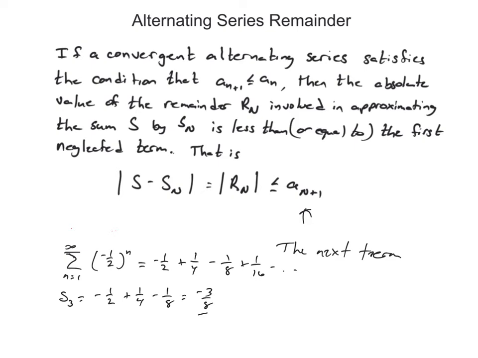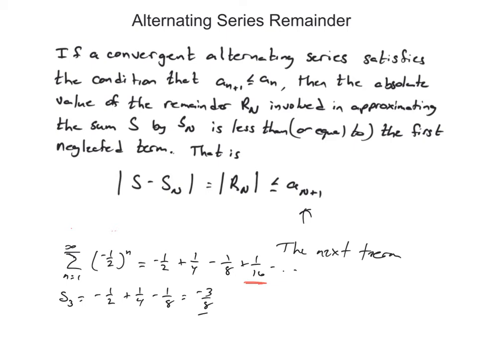So negative 3/8 is my approximation of this sum. And I know by this alternating series remainder theorem that the absolute value of my error is going to be less than 1/16.